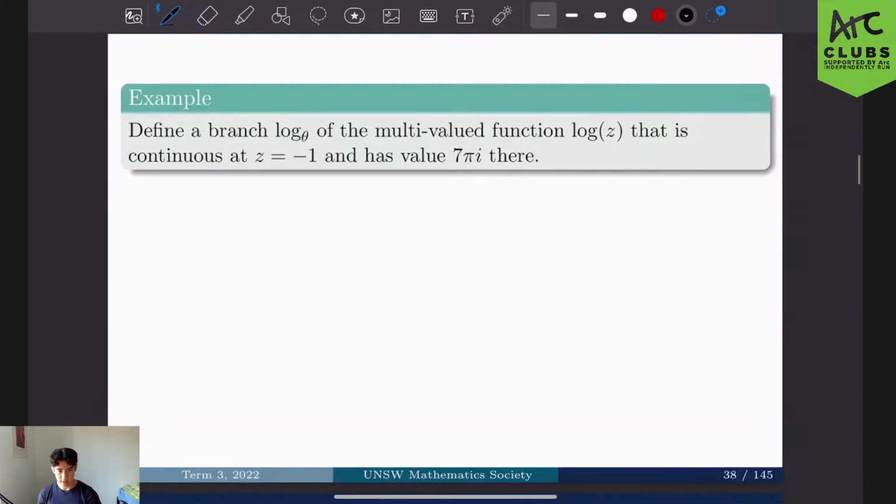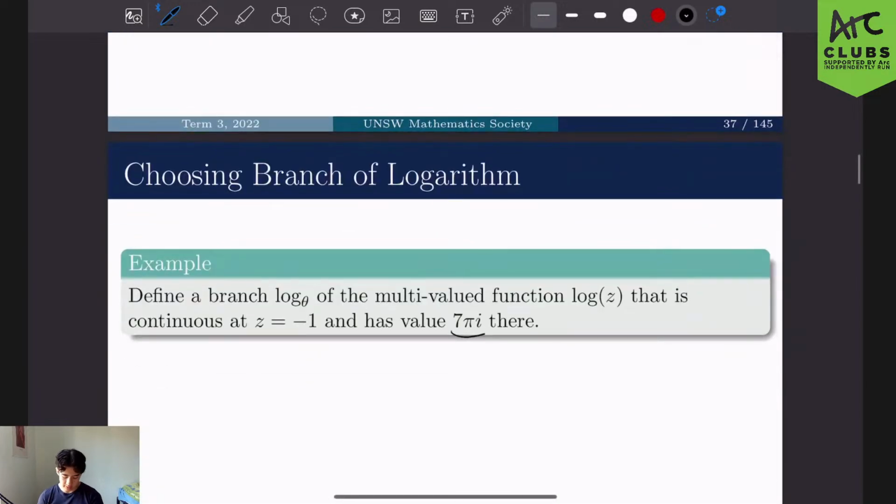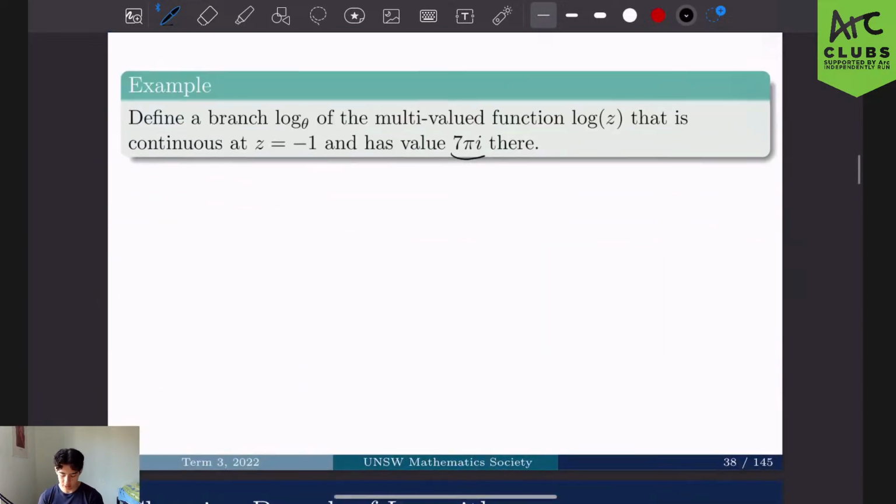Okay, so here's the example I was talking about. We need to find a branch such that it is continuous at z equals -1 and has a value 7 pi I. So as I was discussing before, we can't use the principal branch of log, because by definition it is not continuous on the negative real axis.